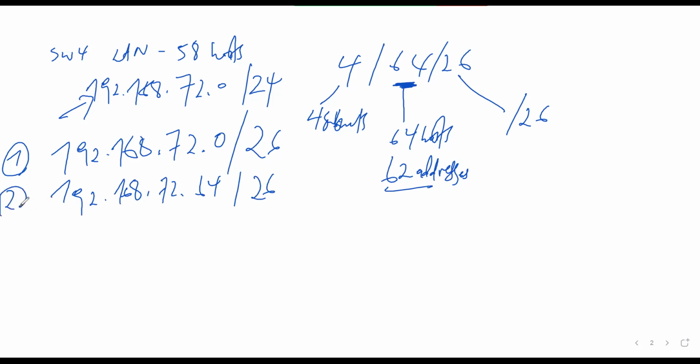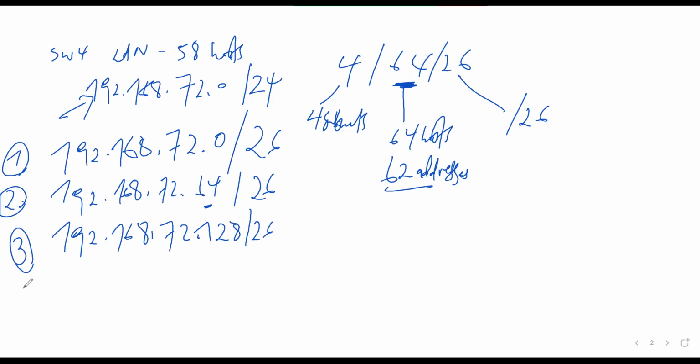For our third, you add another 64 here: 192.168.72.64 plus 64, that's 128/26. And for our fourth subnet, 192.168.72.128 plus 64, that's 192/26.